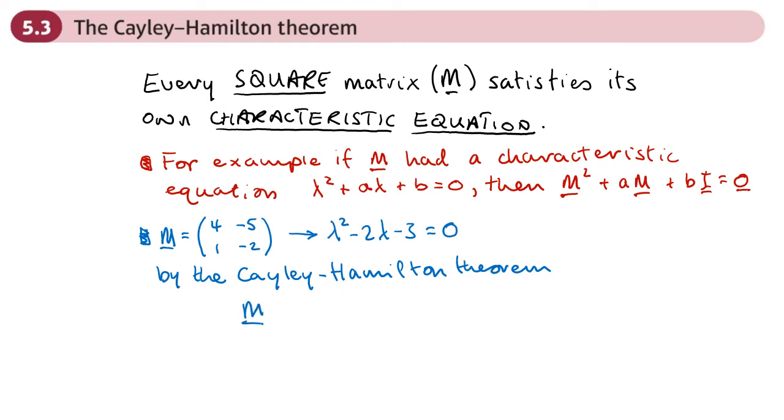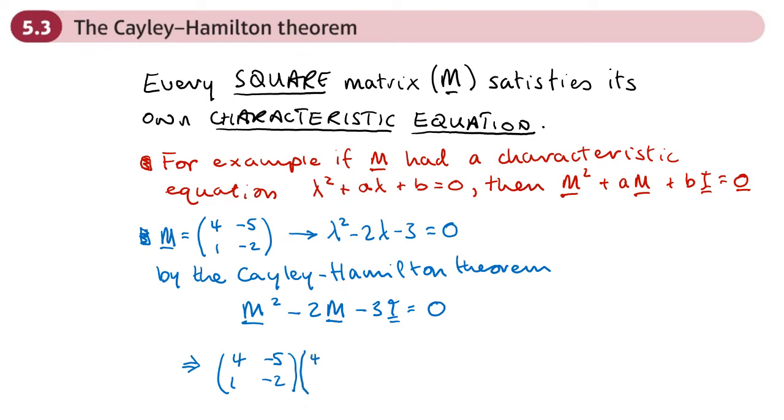M squared, so this matrix squared, minus 2 times this matrix, minus 3 times the identity equals 0. Stating that fully, it would be this: 4, -5, 1, -2, times by itself, or squared.